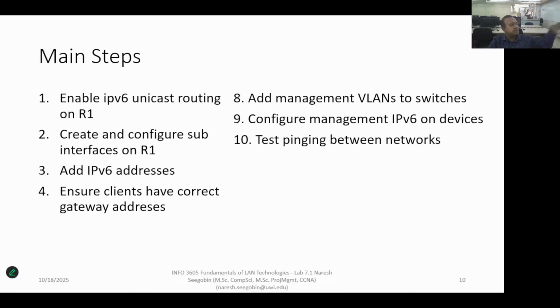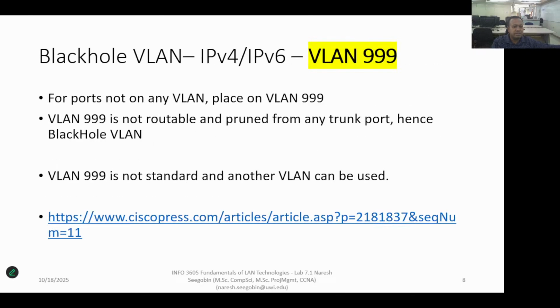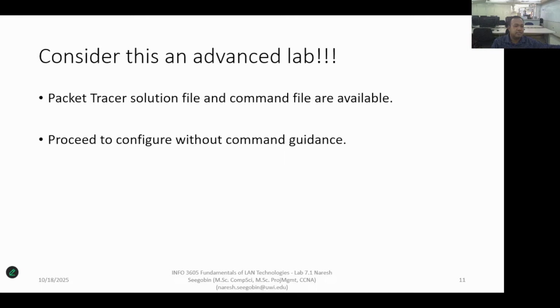Main steps: enable IPv6 unicast routing on R1, create and configure subunits on R1, and add IPv6 addresses. You're going to have clients use the correct gateway addresses, add management VLANs on the switch, configure IPv6 management, and test between networks.